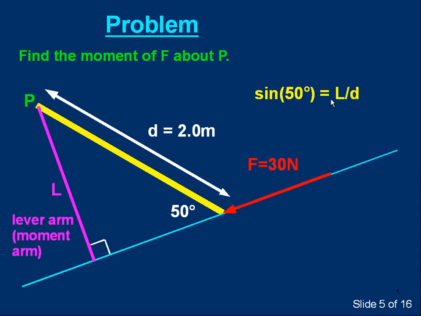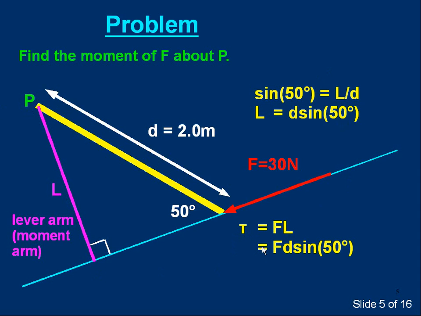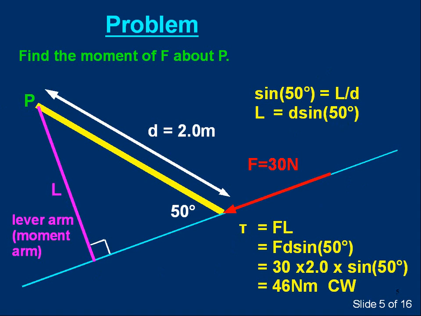Sine 50 is L over d, opposite over hypotenuse. To get L, we have to rearrange it, and that will give L is d sine 50. Now it's easy to find the moment. The moment is the force times the lever arm. It will be force times, well, L is d sine 50. Stick the values in, and it comes to 46 newton meters clockwise.